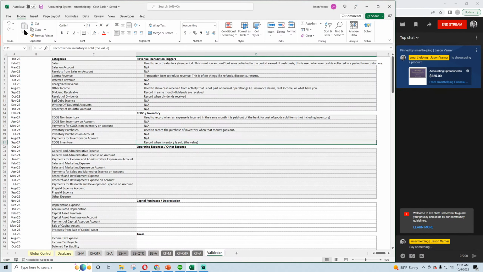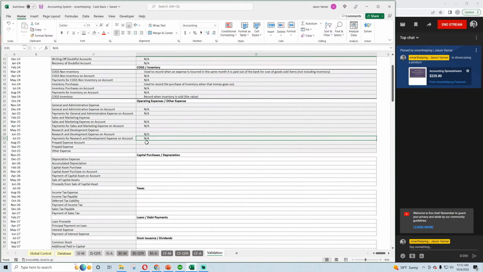Let me check here, make sure this. Let's put NAs on everything that's not relevant. So here, there's nothing on account. There's no prepaid expenses. Depreciation is irrelevant. Capital asset purchases are relevant, not on account though.